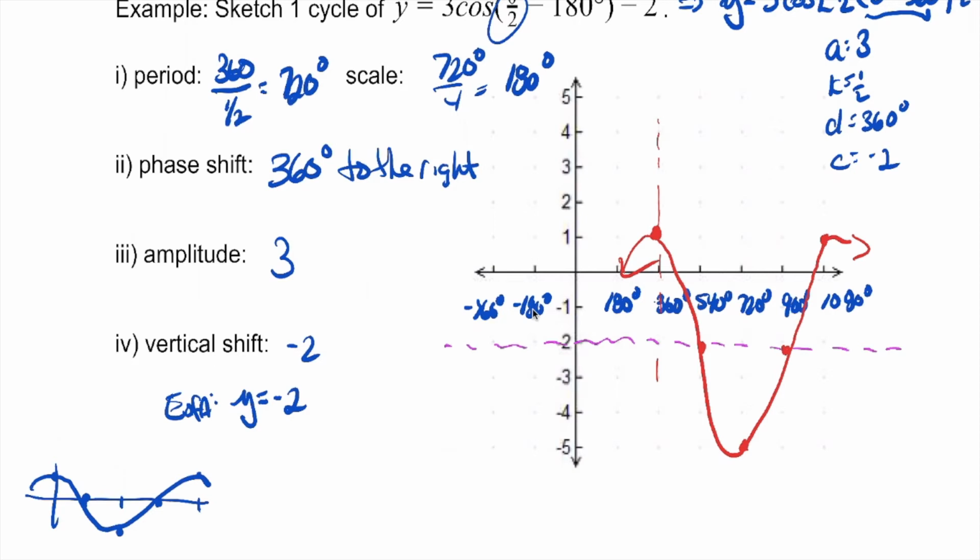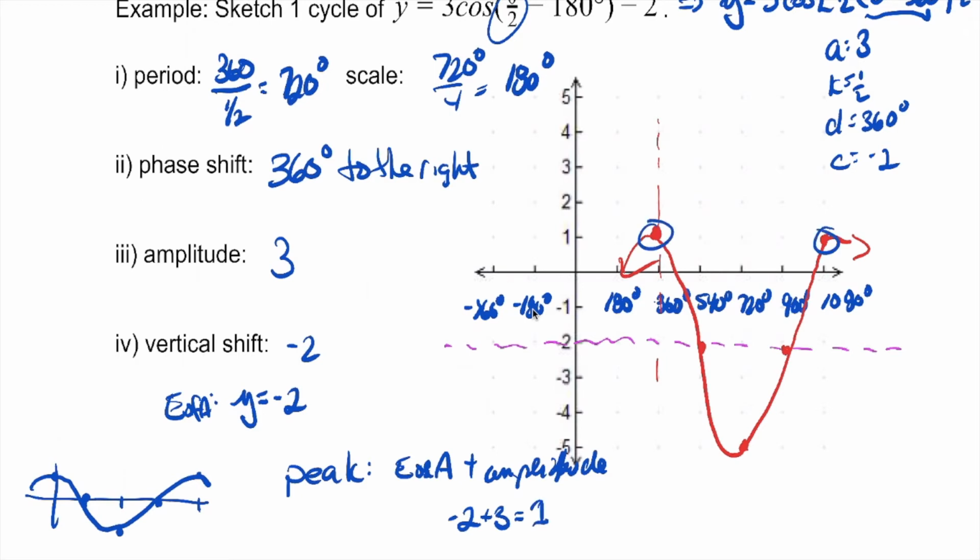Okay, maybe as an aside, some of you might want to actually calculate the peak, so it's easier to graph. So here we could determine that the peak is really our equation of axes plus the amplitude. So in this case, our equation of axes was -2 plus the amplitude of 3, and that's 1. And we do see that we have a peak value of 1.